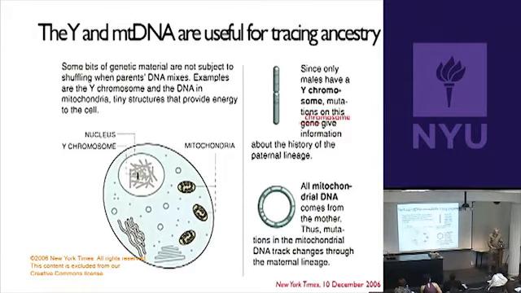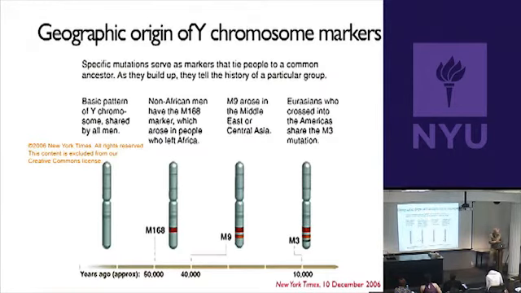So this is the way that this information is translated into an actual ancestry. The idea is that, as you'll see in a little bit, the history of our species, at least in broad strokes, is quite clear. Our species originated in Africa, so in a very real sense, we all have African ancestry.